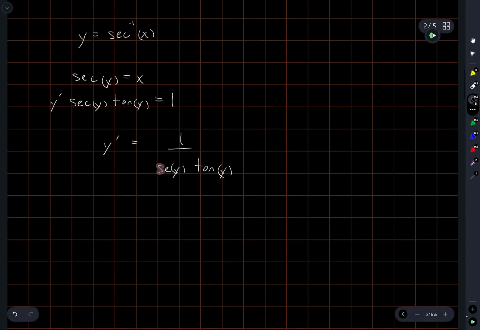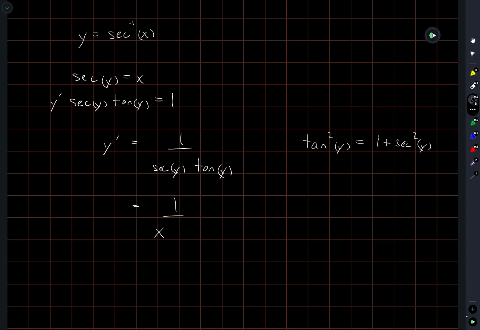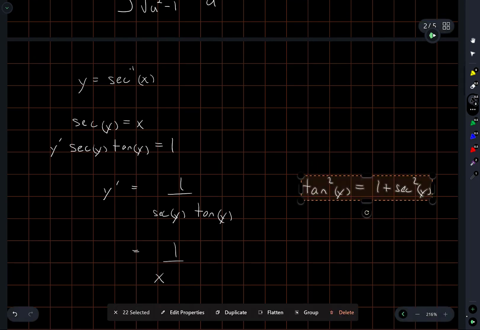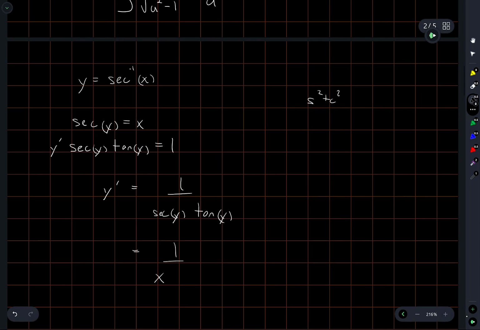And secant y is x, and tan y, what is the identity? Tan squared y is equal to 1 plus secant squared y. No, that's not right. It's sine squared plus cos squared equals 1.